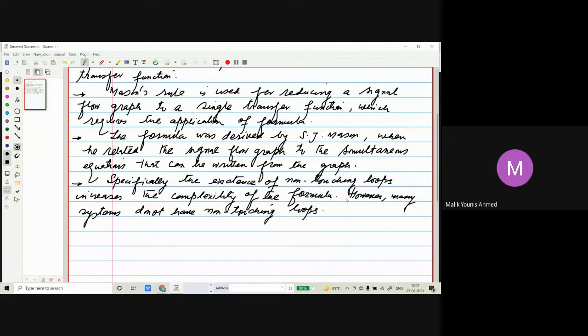For those systems, it's easier to use Mason's rule than the block diagram reduction technique.